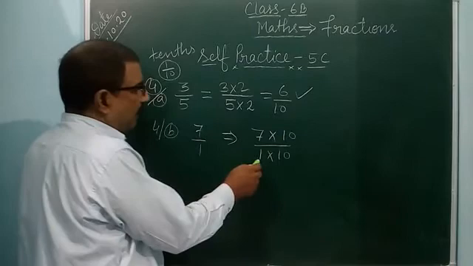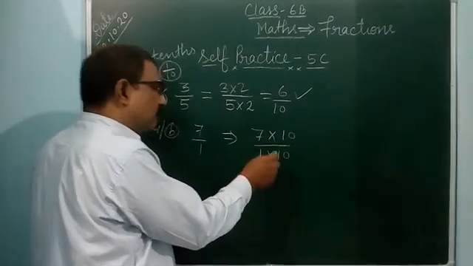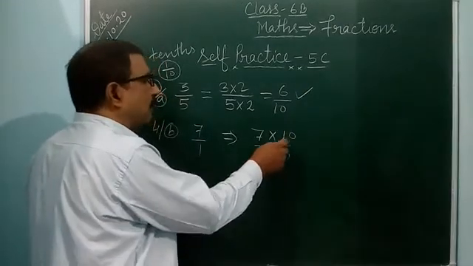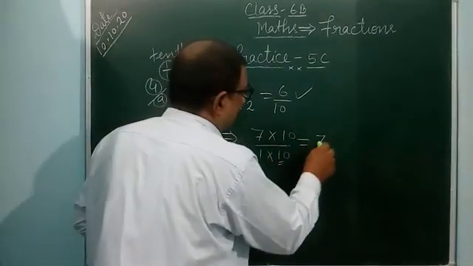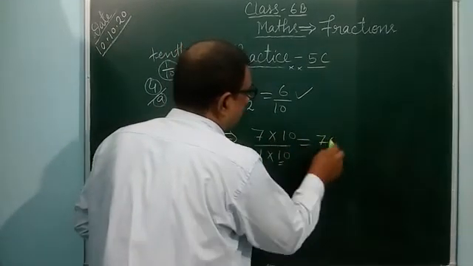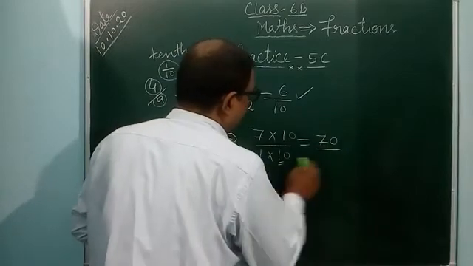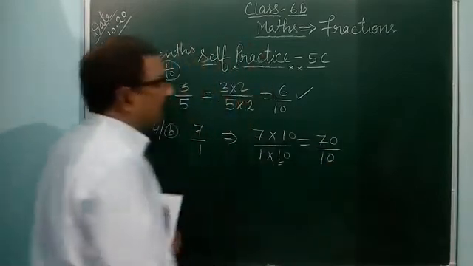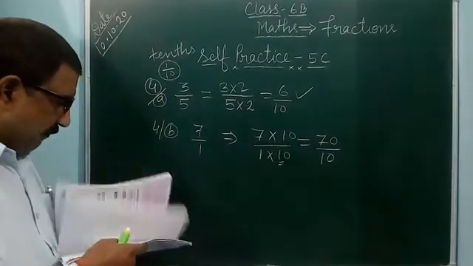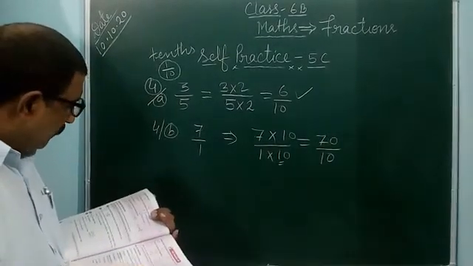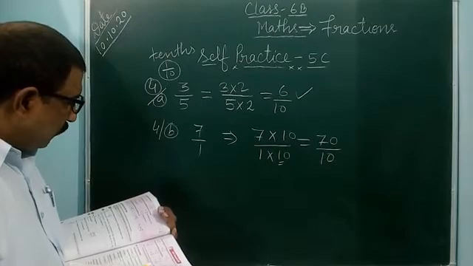So if you multiply 1 with 10, also multiply this 10 with 7. So it will be 70. 7 tens are 70 and 10 ones are 10. So 70 by 10. You can write the answer as 70 by 10. After that, you can see 14 by 20.